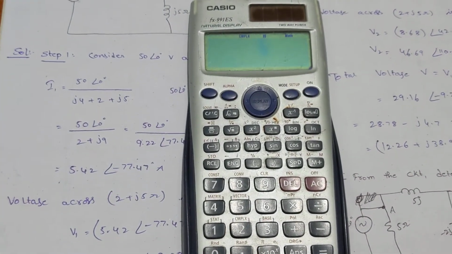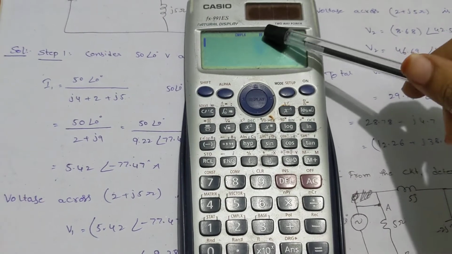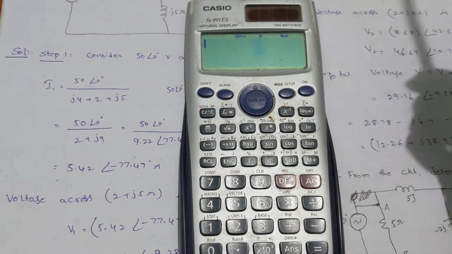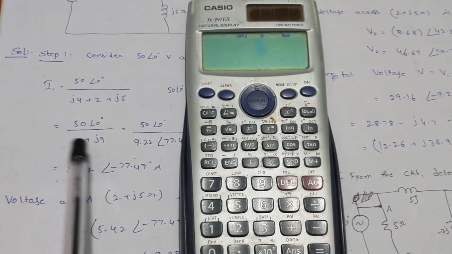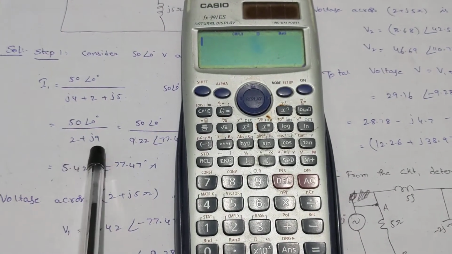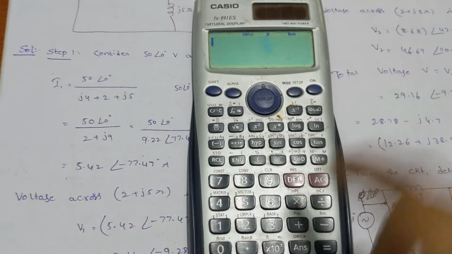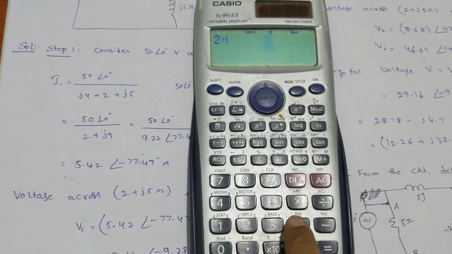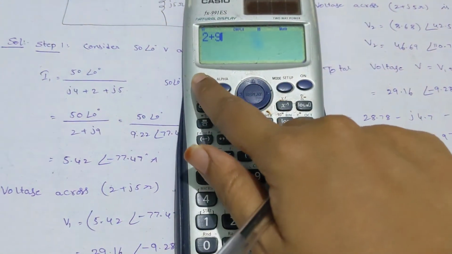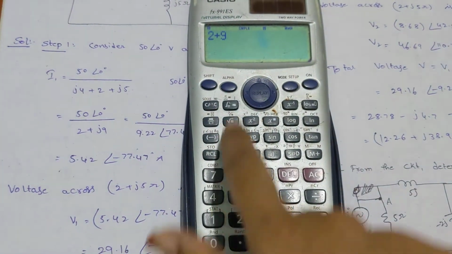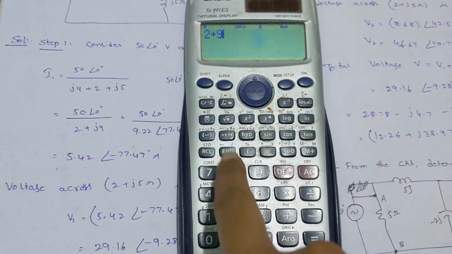The mode is in complex. Now I want to convert this denominator 2 plus J9 into polar. So 2 plus, even though it is J9, we should write it as 9I. Okay, shift, engineering.